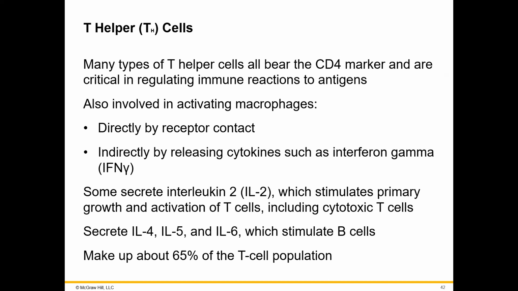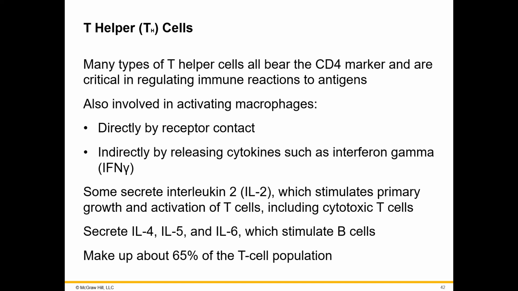Now, a T cell is initially sensitized when an antigen-MHC complex comes in contact with T cell receptors. Activated T cells then start to divide, and they differentiate into one of the subsets of effector cells, which we just looked at. Those would be your T helper cells, regulatory, and cytotoxic.